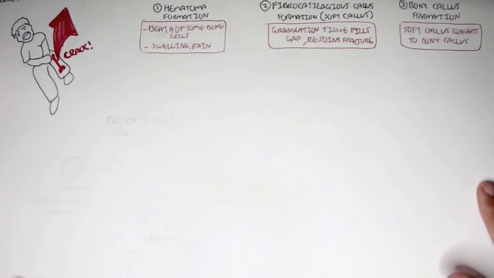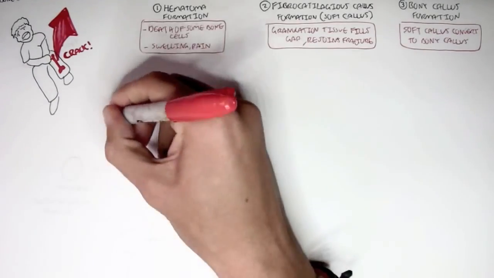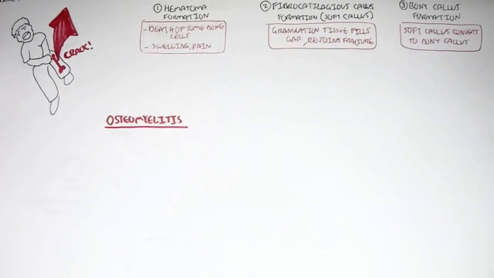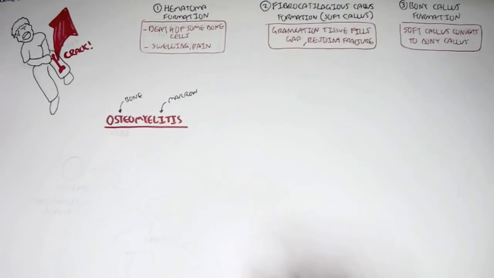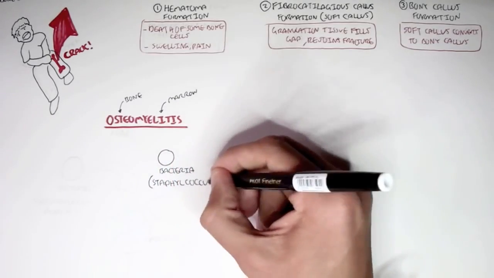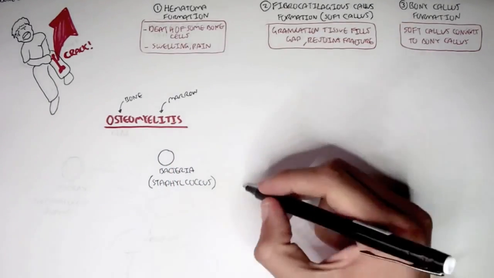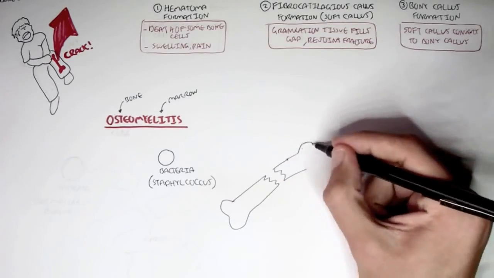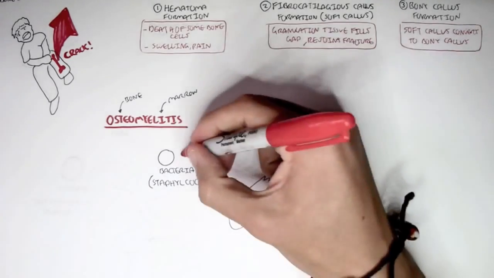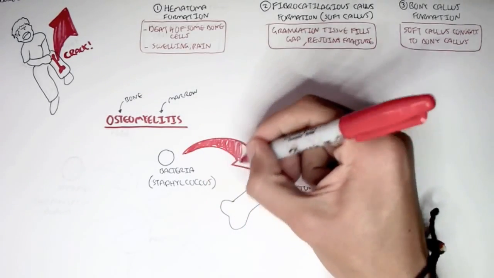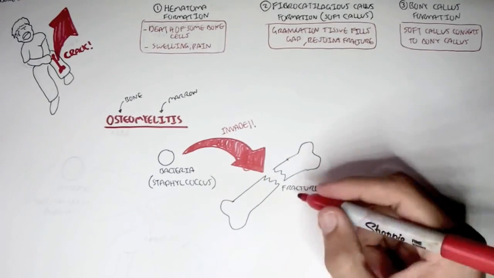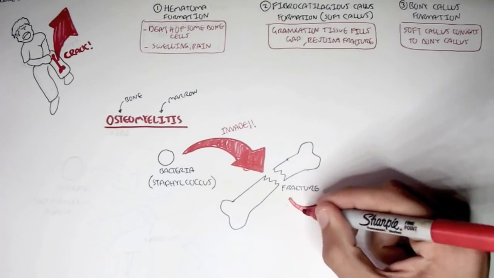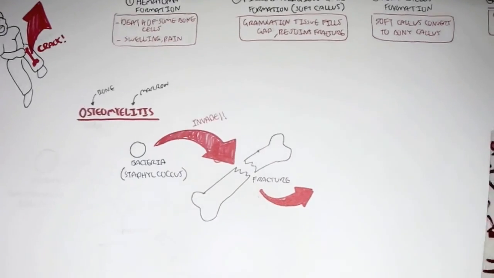Let's talk about osteomyelitis now, which is related to bone fractures. So what is osteomyelitis? Well, osteo means bone and myelitis means marrow, and we'll see the relationship why. Osteomyelitis is when a bacteria, specifically a Staphylococcus strain, can infect a bone during a bone fracture or through the bloodstream. And once this bone has been infected, the person will start feeling severe pain, sweating, and also swelling of the bone injured site.